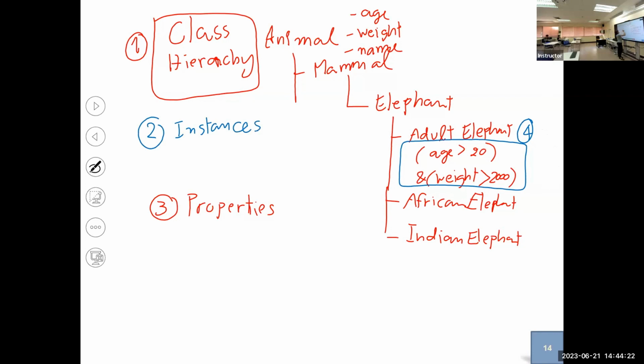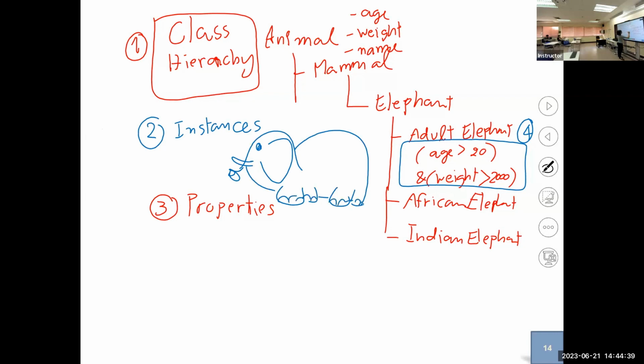Meaning that, okay, let's try. I can draw. Okay, this is in my zoo. I do have this elephant. Maybe I call this elephant Mali. Mali is the name.